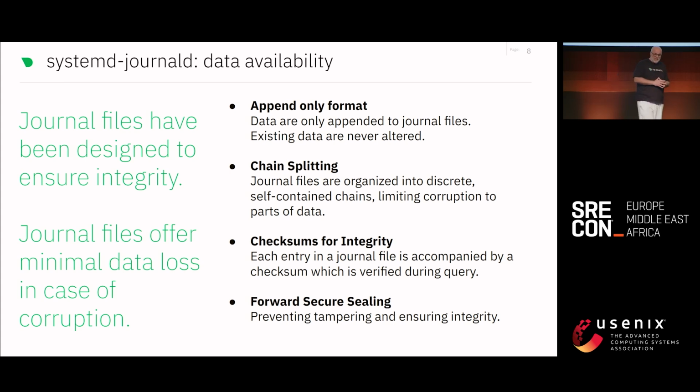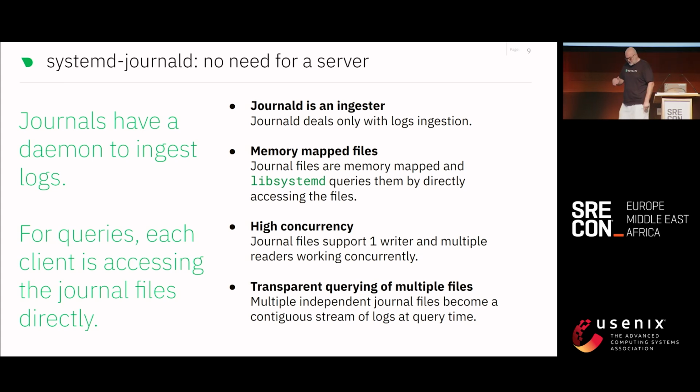It has checksums for integrity, and a unique feature of systemd journal is that it supports forward secure sealing. This means that it signs the actual logs that are saved to disk, and if a change is made on the binary files, then it can detect it. This makes it ideal for compliance, since you know that you cannot alter a log entry. No one actually can. Or to be precise, you can alter it, but it will detect it.